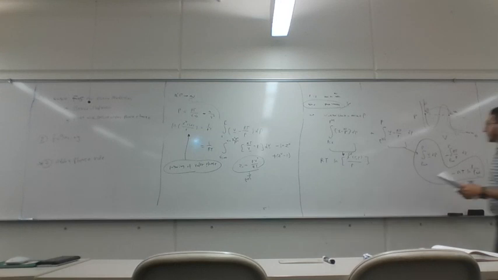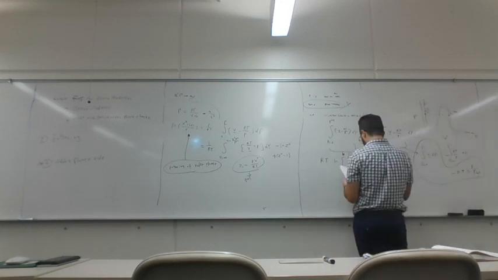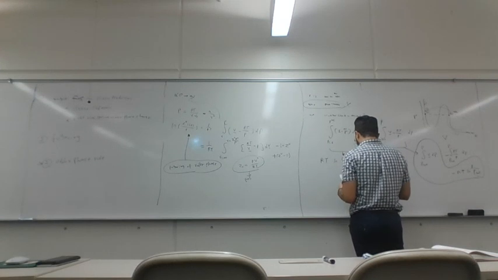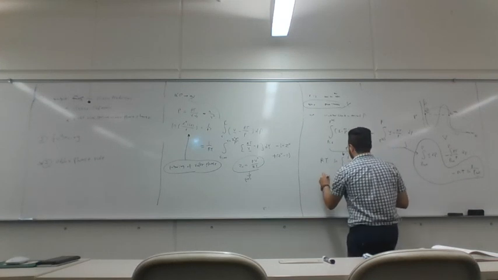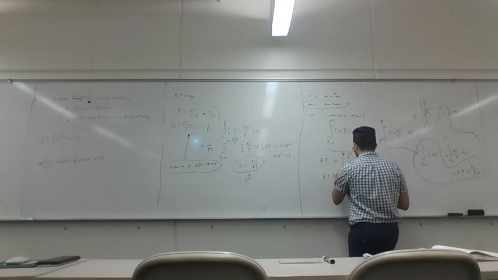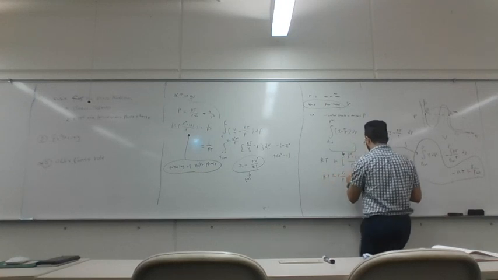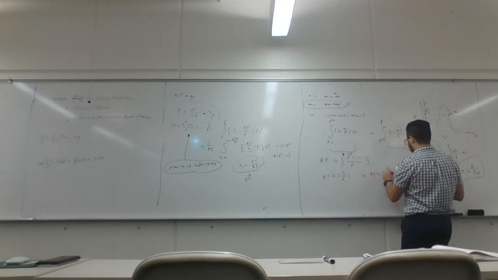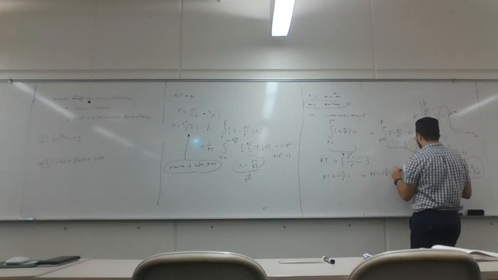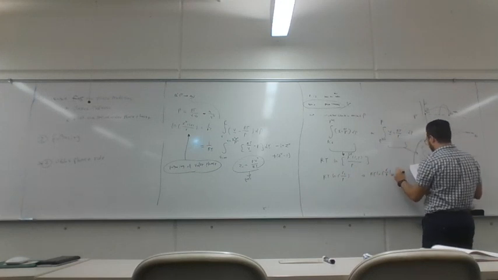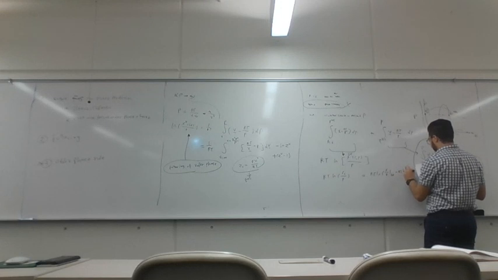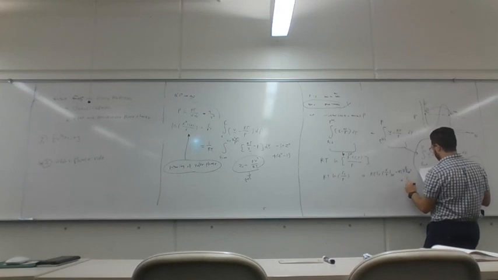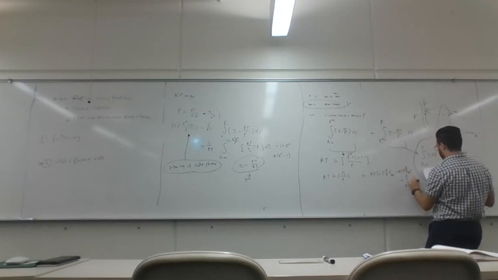So combining everything, we have RT ln of the fugacity equal to RT ln of the saturated fugacity, minus RT ln of P over P sat, plus the integral of V dP.